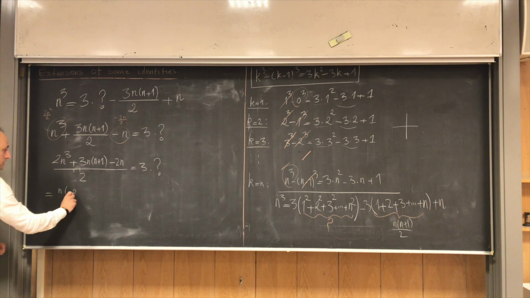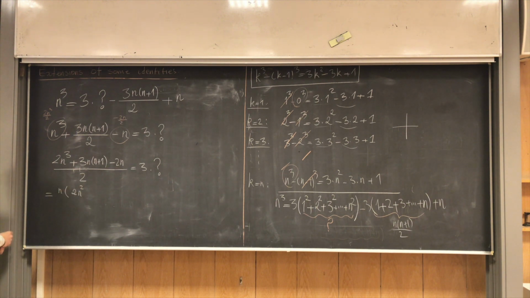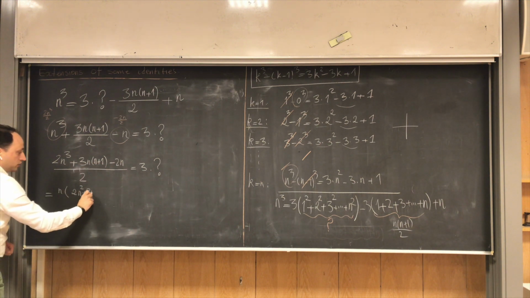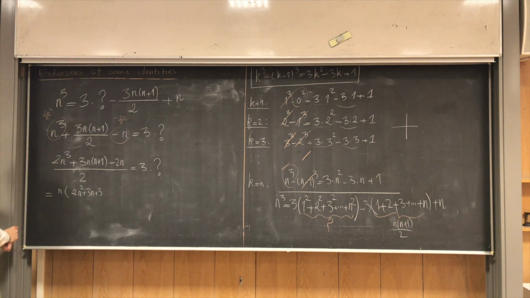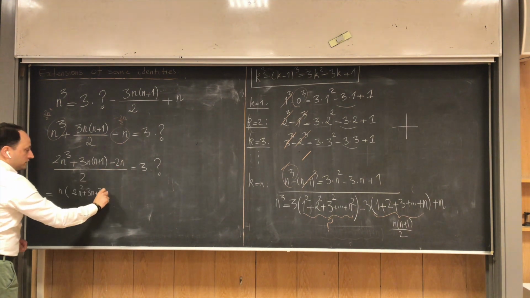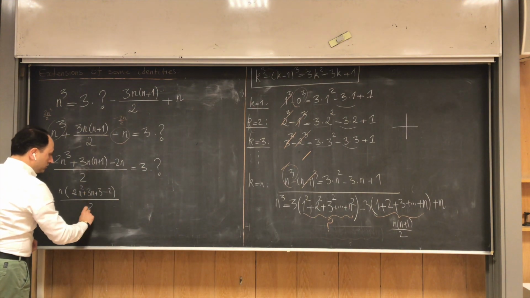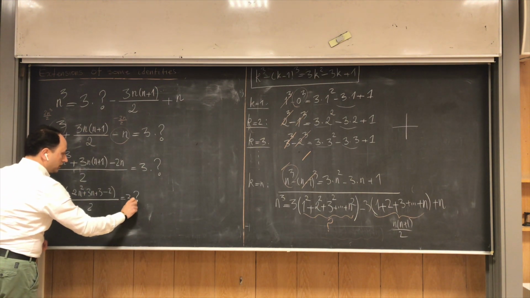From here, 2n squared is left. n is gone, 3 is left, and n plus 1 is left. So I multiply 3 in, so it becomes 3n plus 3. And n has been taken out, so it's minus 2. And then I divide it by 2, it's 3 times my question mark. Okay?